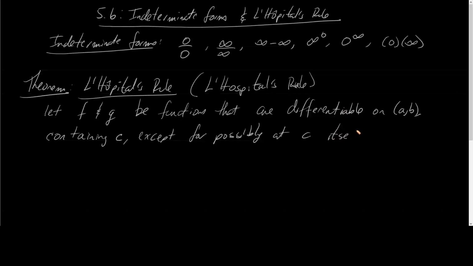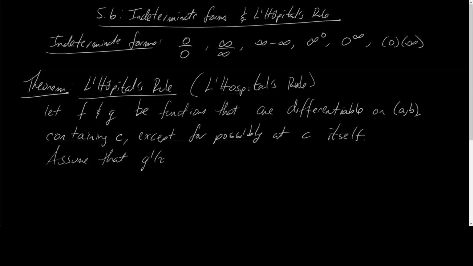What we mean there is that it's differentiable in the entire interval. c is in that interval, but the functions may not necessarily be differentiable at c, but throughout the entire interval it is.